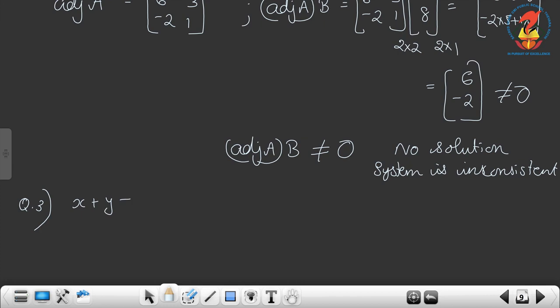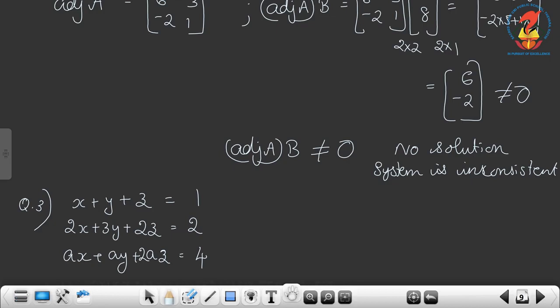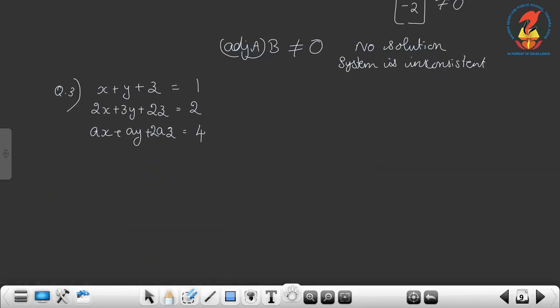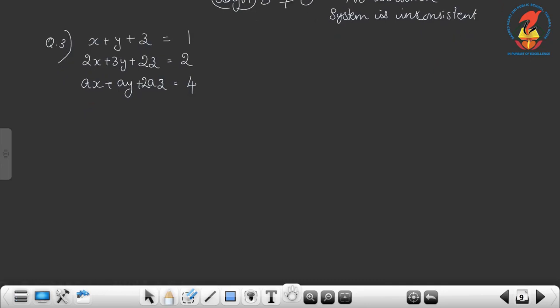X plus y plus z is equal to 1. 2x plus 3y. So this is the given system of equations.